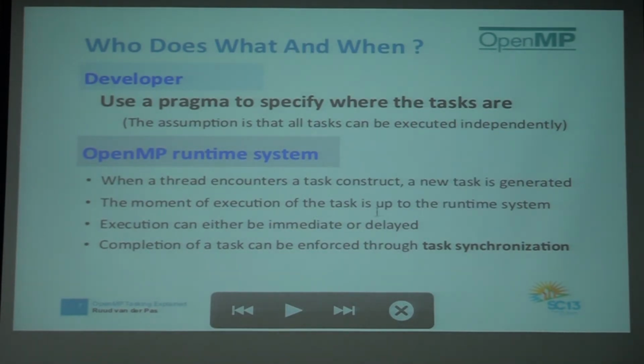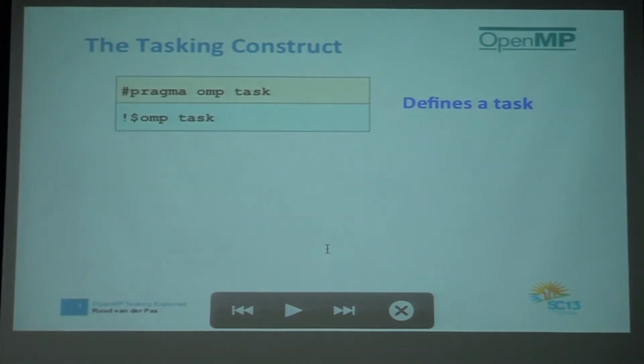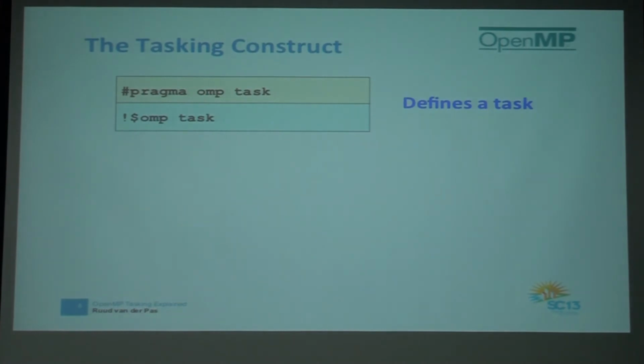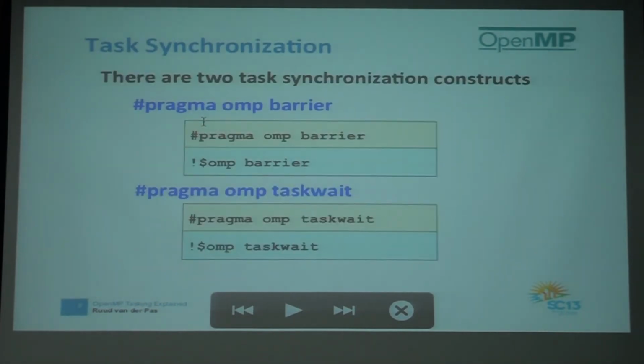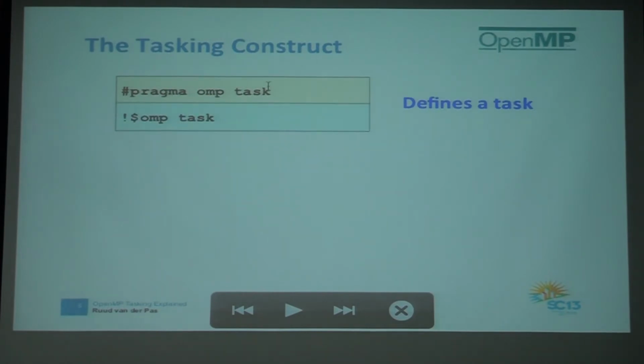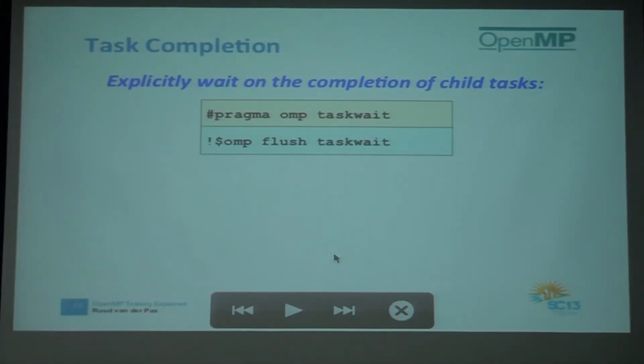The moment of execution of the task is up to the runtime. This is how the pragma omp task will look. Some of these are Fortran. The constructs we need are omp task, omp barrier, omp taskwait, flush, taskwait.